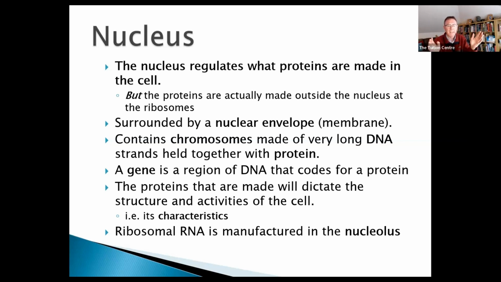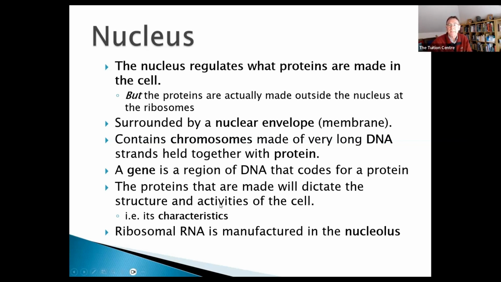Not all the DNA, in fact most of it, doesn't encode protein, so it's not genes technically. The bits in between the genes we call non-coding regions. The bits that are genes we call coding regions because they code for protein. So the definition of a gene is a section of DNA that codes for the synthesis, or manufacture, of a protein.